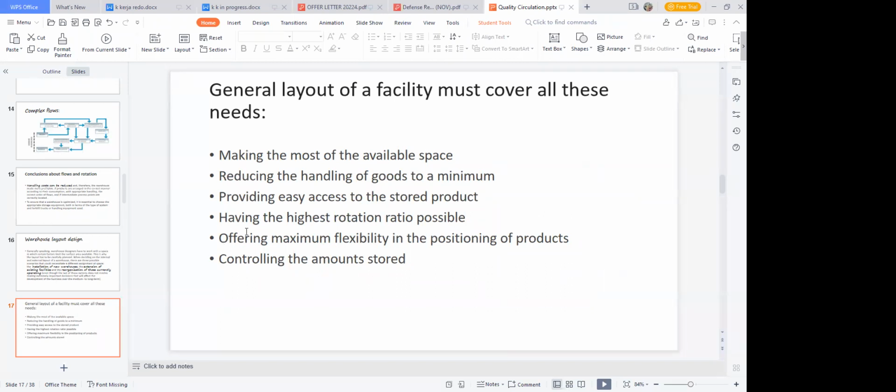Whatever layout we choose must support our space requirement. If we practice a design which is not supportive and not flexible for our space, it is wrong. Whatever layout we choose must comply with our space requirement.